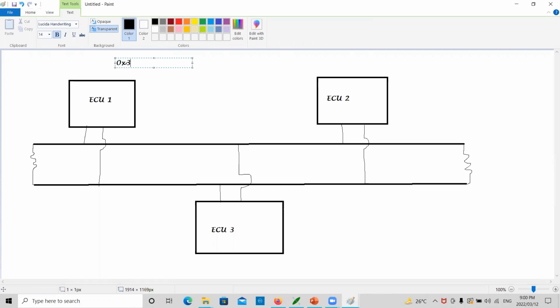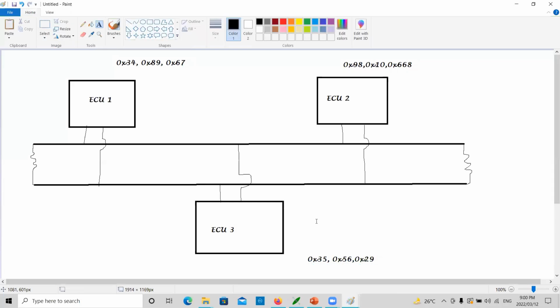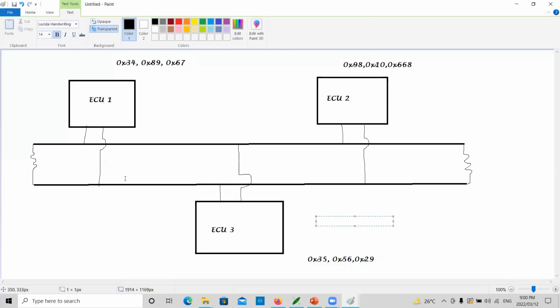This one has messages 0x34, 0x89, 0x67. This has 0x98, 0x10, 0x668. And this has 0x35, 0x56, 0x29. Okay. These are the 3 ECUs.